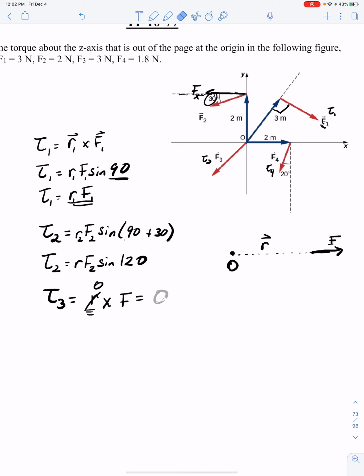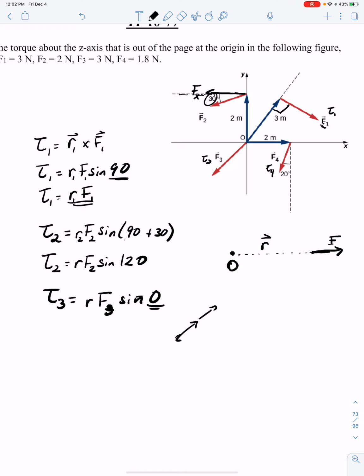Because if I erase this, when we do r times F times sine of 0, sine of 0 is 0, because there is no angle.